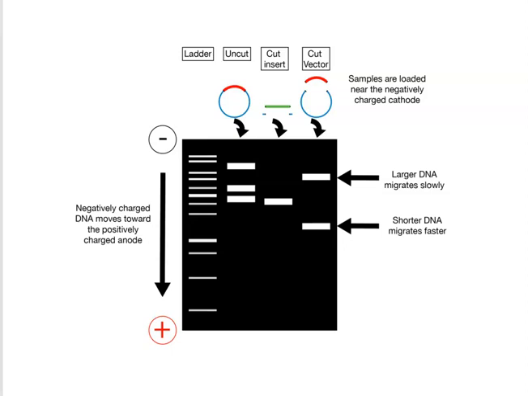Here, you're just seeing different DNAs run on an agarose gel. And so here's an uncut circular plasmid DNA. And notice that instead of producing just one band, there's typically a ladder when you put uncut plasmid DNA, because each of these represents a different level of coiling.